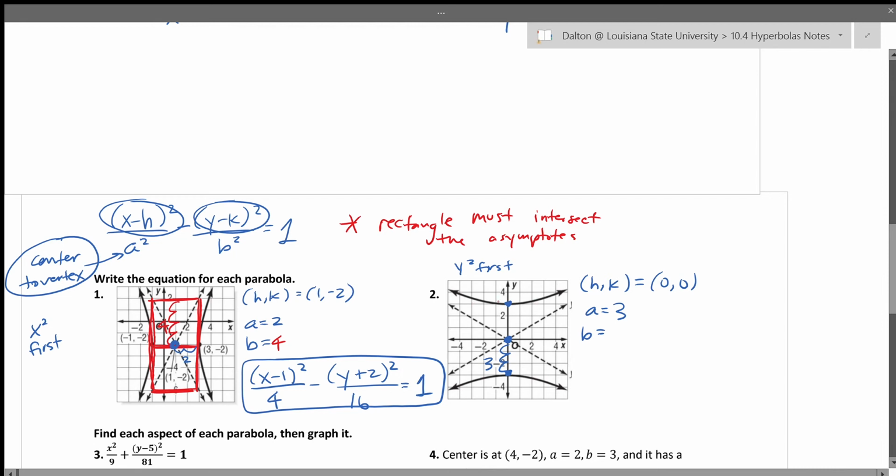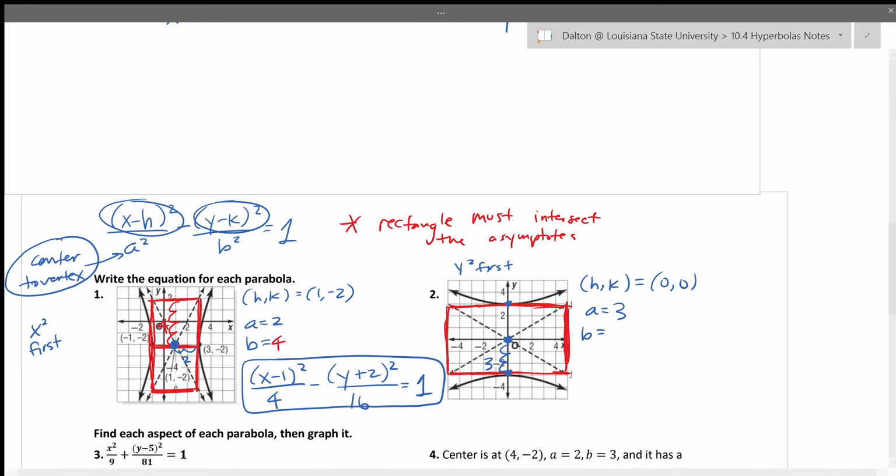You want to start drawing off a line that will intersect your vertex, and draw it in such a way that it extends and intersects with the asymptotes. Extend it all the way until you hit the asymptotes, and then when you drop it down to hit the other part of the rectangle, it all matches up. So if I have this rectangle, then half of the length of that axis is 5.